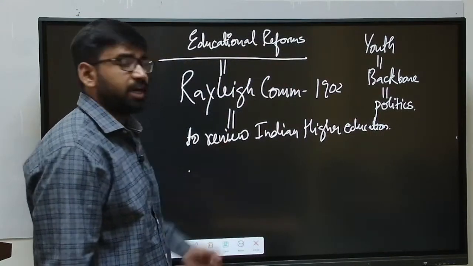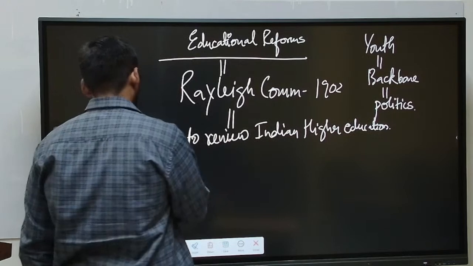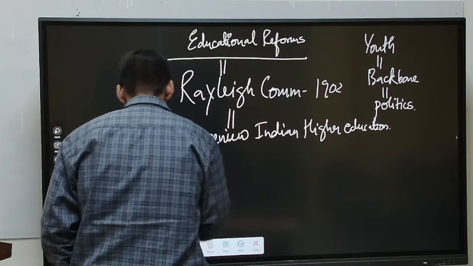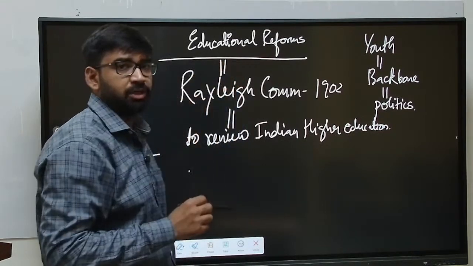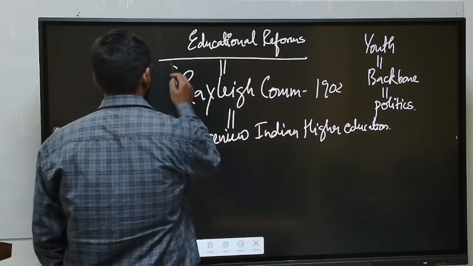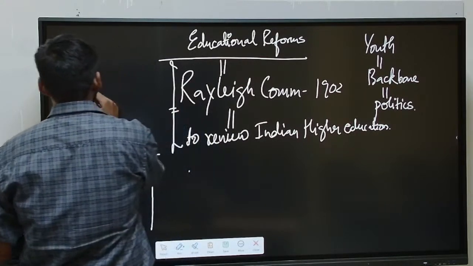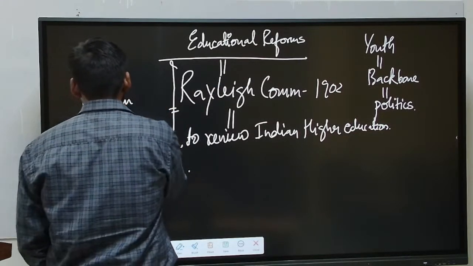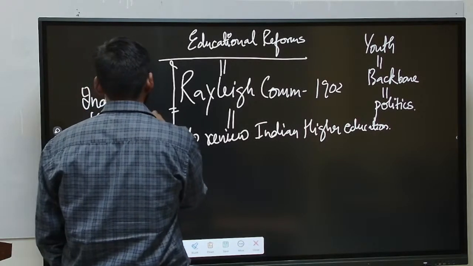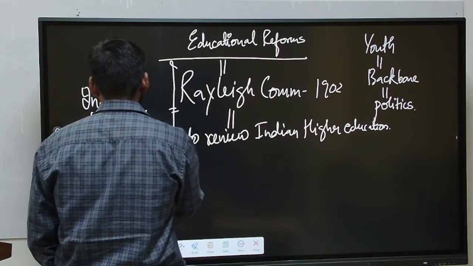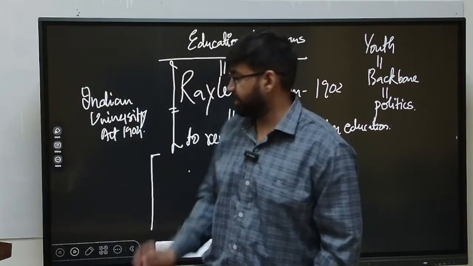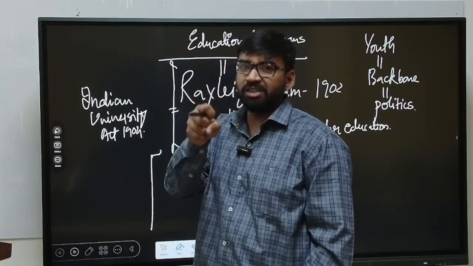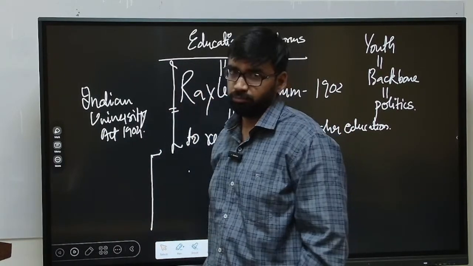Okay. So they gave their recommendations. Now try to understand. Based on this commission, one act was introduced: the Indian University Act of 1904, based on the recommendation of this commission. In this act the power of the university was in the hands of the government.